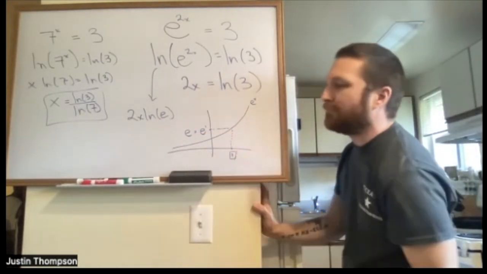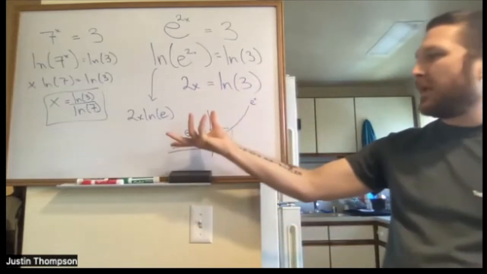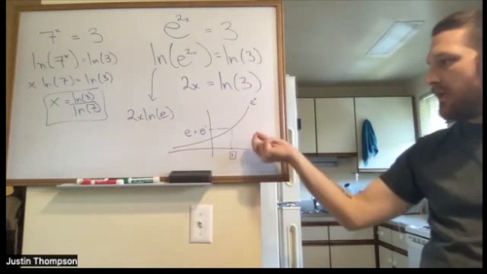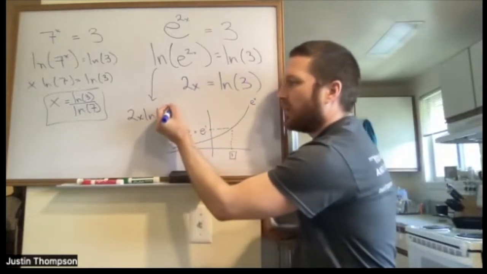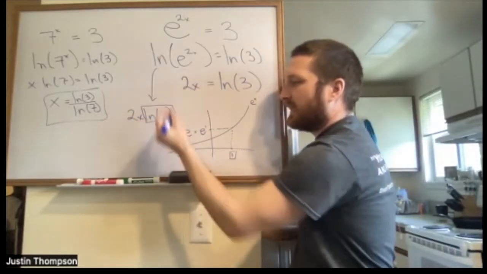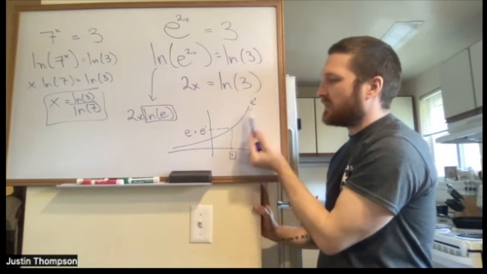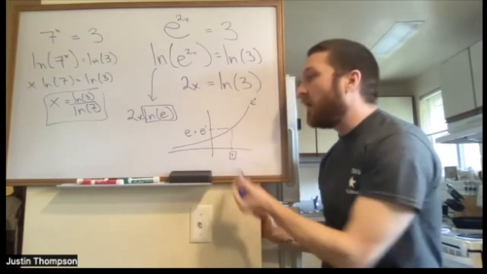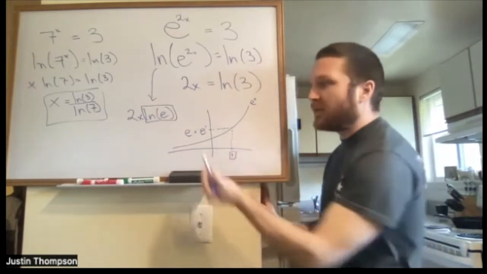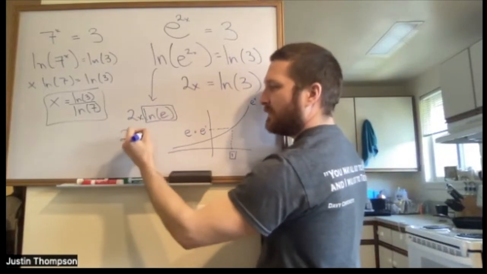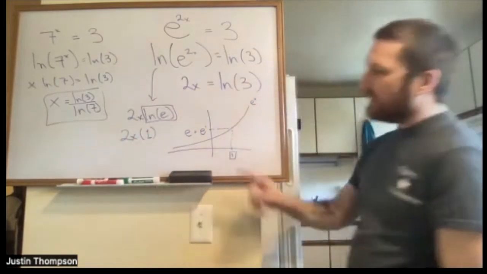That's what logarithm means, right? You have some output from an exponential, you find out where it came from, that's what the log is. So when you take the log of e, you're saying, you plugged some number into e to the x and got out e to the 1. I guess it came from 1. So this entire thing is just equal to 1, and 2x times 1 is indeed 2x.